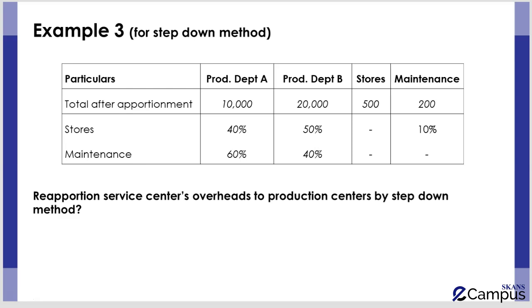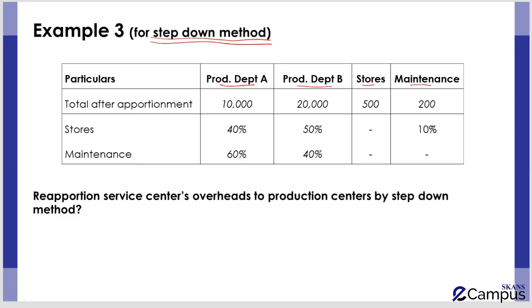Now moving on to the next slide, here we have another illustration relating to the step down method. Remember guys, step down is the method in which one service center provides service to the other whereas the other does not. If we see the information, total after apportionment for production center A is 10,000, for center B is 20,000, for stores is 500 and for maintenance is 200.